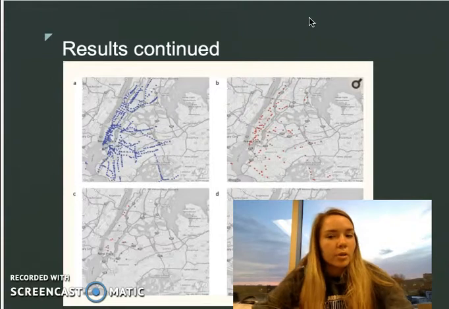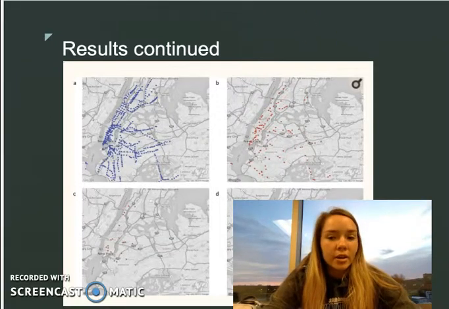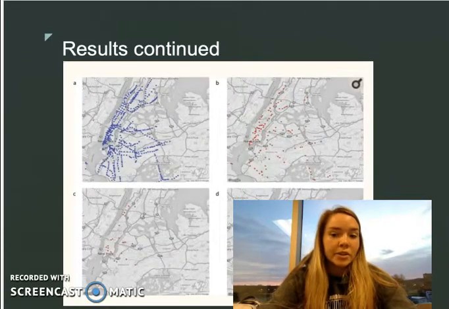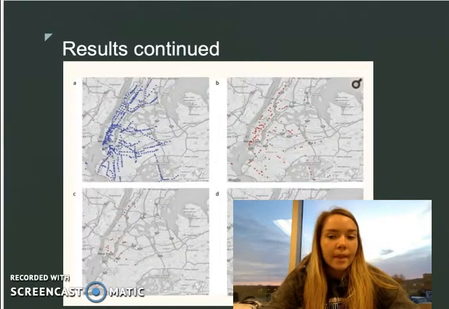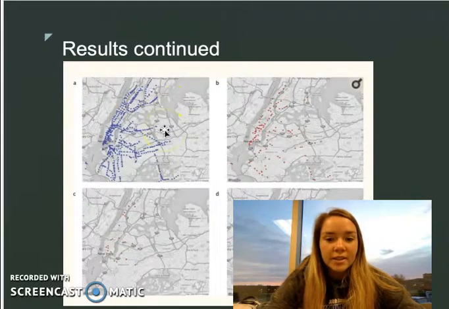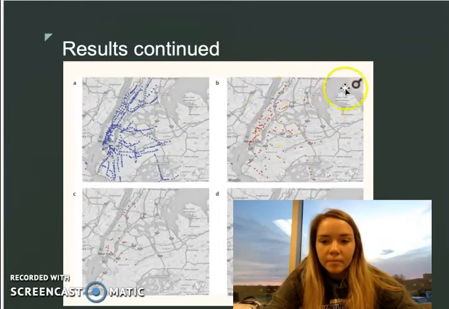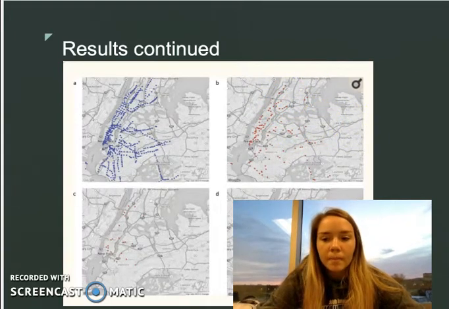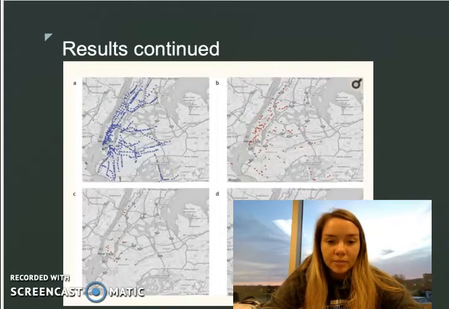This figure shown in the paper showed the distribution of Staphylococcus aureus subtypes identified in the New York City subway metagenome data. Box A in the top left corner shows all sites sampled in the central Manhattan area. Box B, the top right box, shows sites containing any Staphylococcus aureus reads.